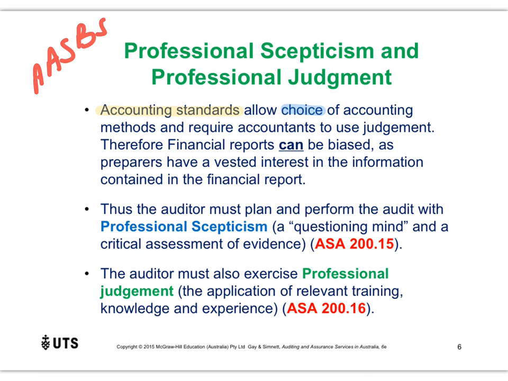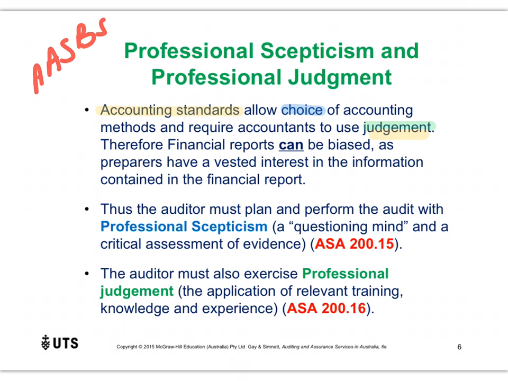There are many different areas where there are options, different methods, and different areas of judgment that are bestowed onto accountants. Now, this is great, and the reason for this is to allow accountants to use their professional judgment, hence the word judgment, in determining the best way of accounting for certain situations, given the context of the business itself.